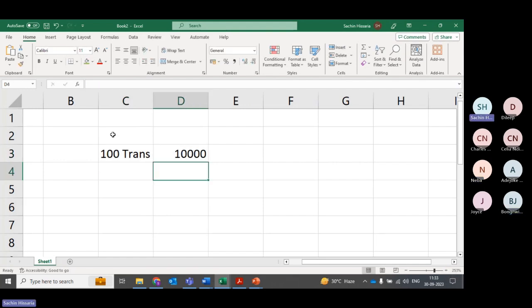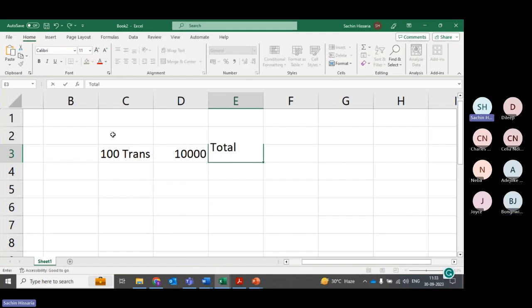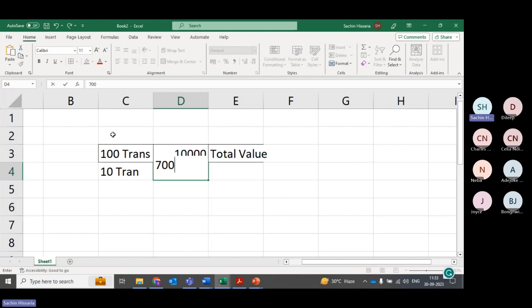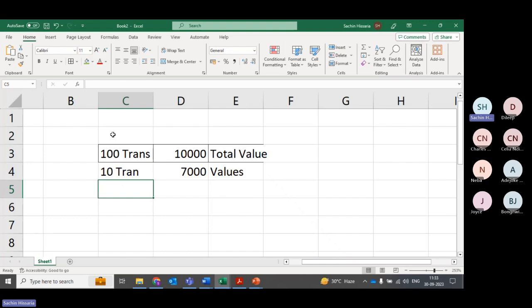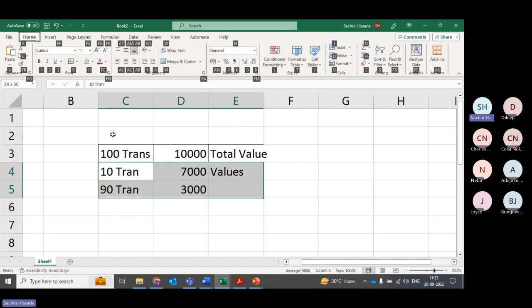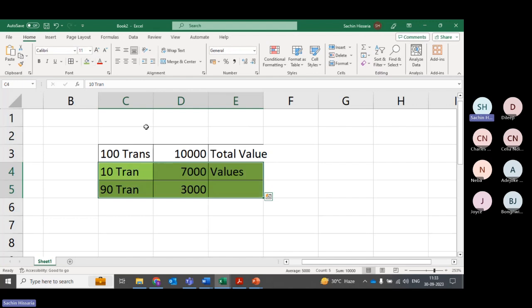Now out of these 100 transactions, there are 10 transactions which consist of 7,000 total value. And the remaining 90 transactions consist of 3,000. So this is a sub-bifurcation of your 100 transactions.